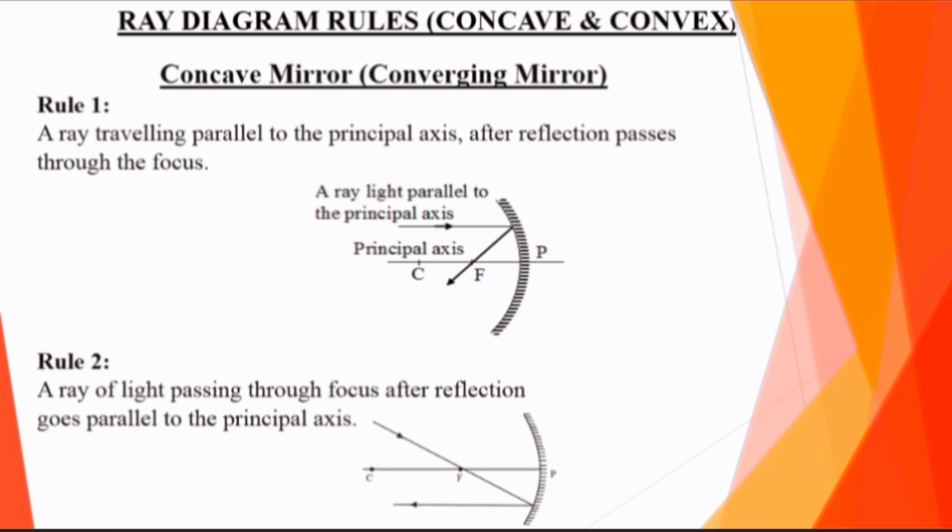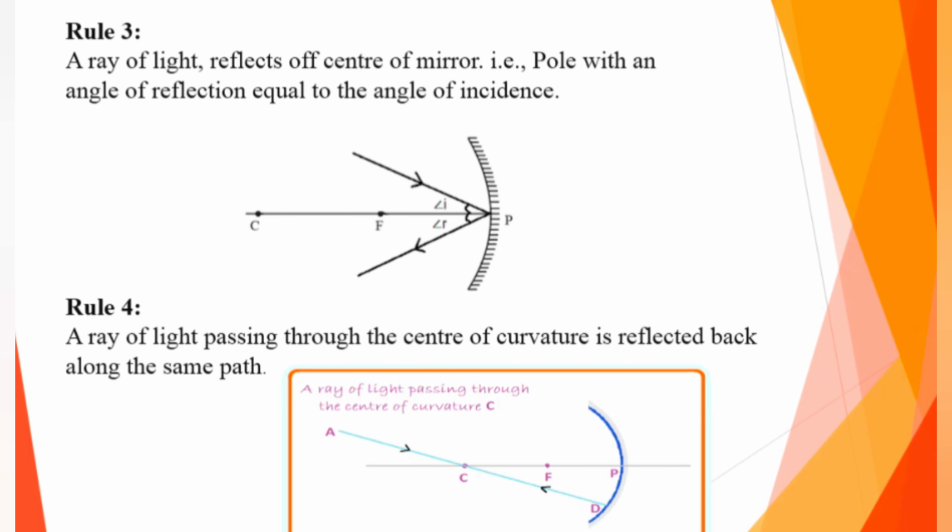Rule 2 is a ray of light passing through the focus, after reflection goes parallel to the principal axis. Rule number 3 is a ray of light reflects off the center of the mirror, that is the pole, with an angle of reflection equal to the angle of incidence. And the fourth rule is a ray of light passing through the center of curvature is reflected back along the same path.